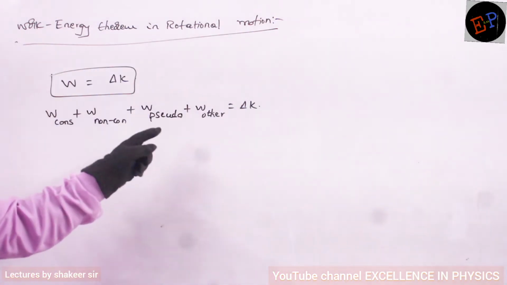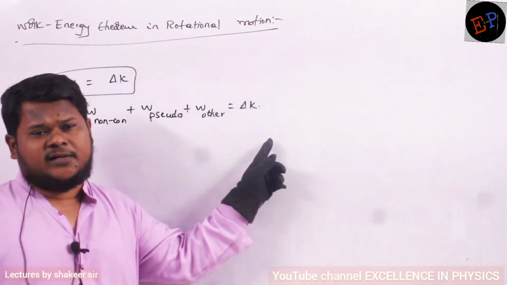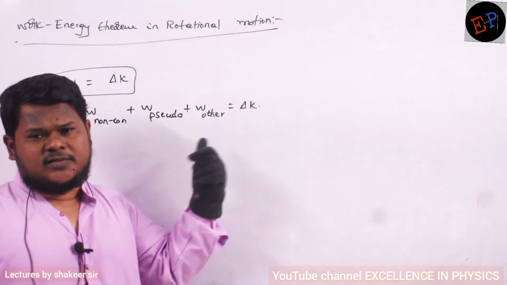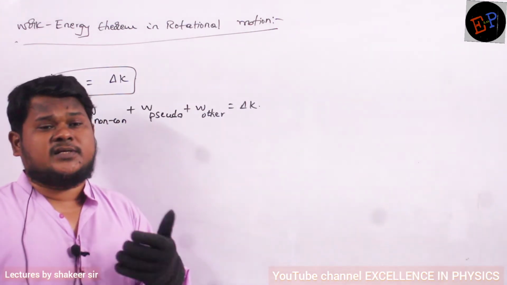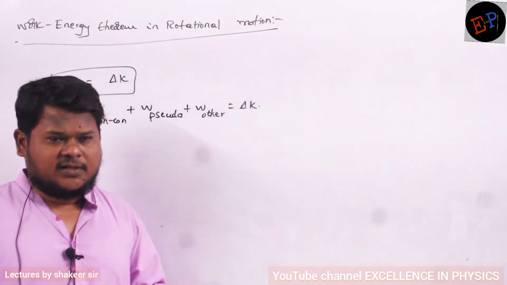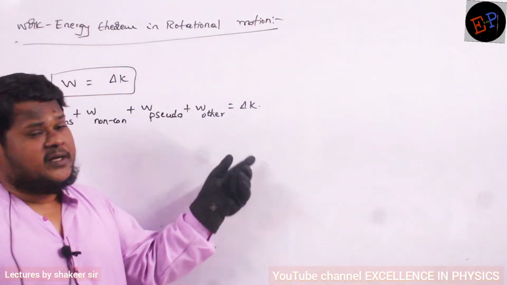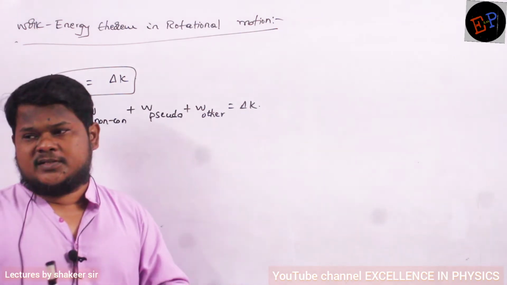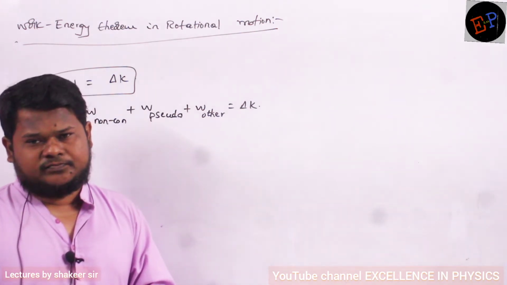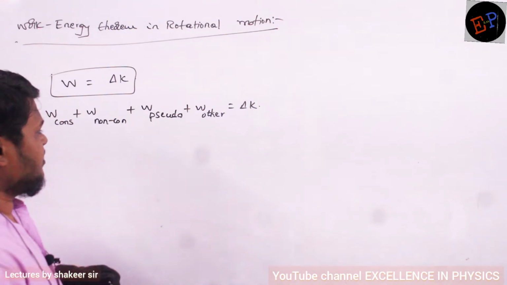And in rotational motion, we will get an additional kinetic energy, rotational kinetic energy also. If the body has translational energy, there will be a change in translational energy. If the body has rotational energy, there will be a change in rotational energy also. Okay? So delta K represents what here?